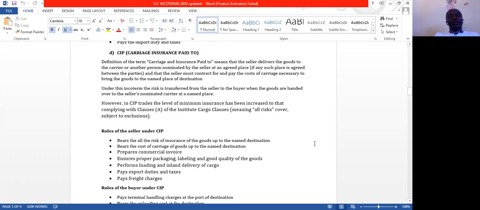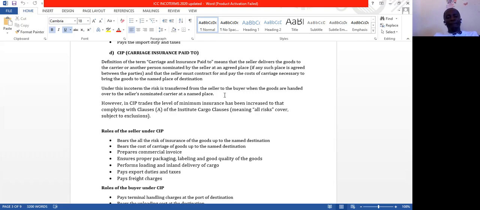So under this Incoterm, the risk is transferred from the seller to the buyer when the goods are handed over to the seller's nominated carrier at a named place. So the moment you have handed them to your nominated carrier, the risk passes from you to the carrier. Okay.